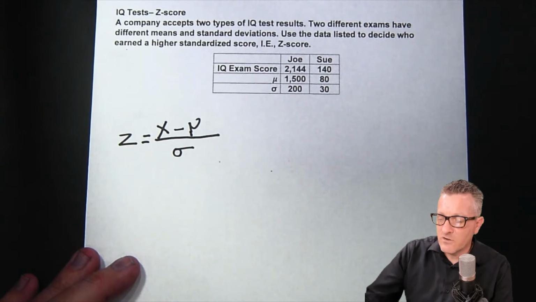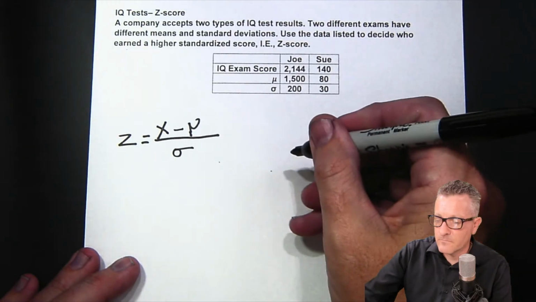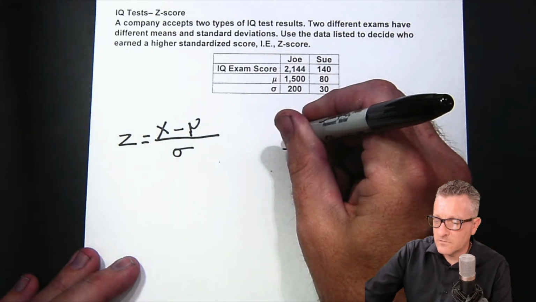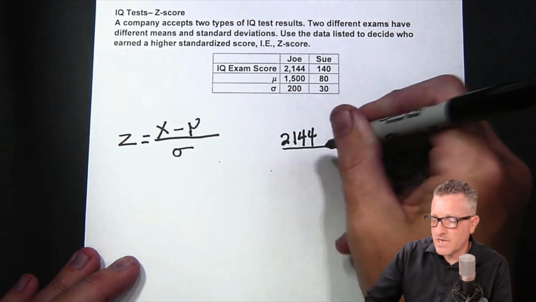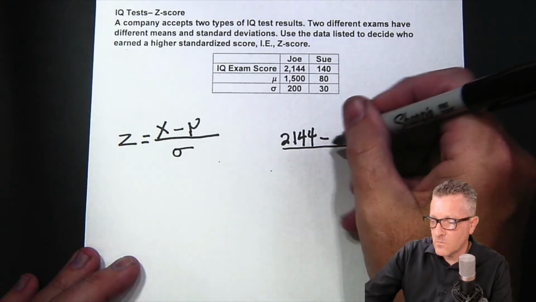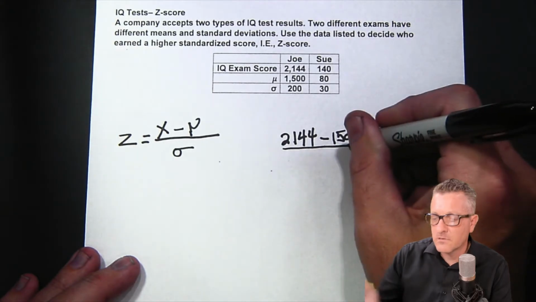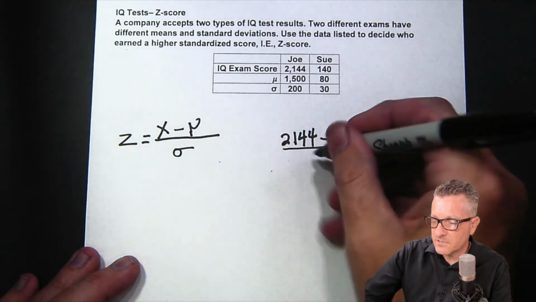Okay, so let's figure out what Joe's is, and then we'll calculate Sue's, and we'll see who did better. So Joe's is 2144. Subtract the mean for that distribution, 1500, and then the standard deviation for that distribution is 200.